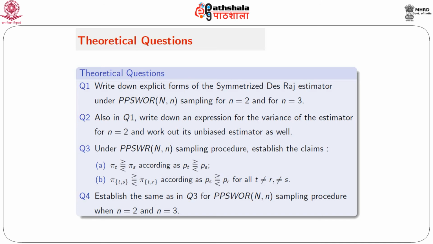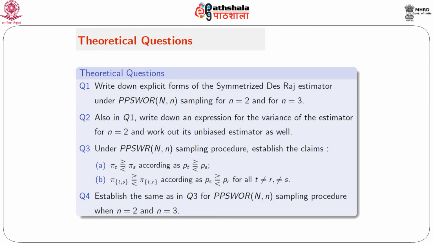Question 4: establish the same as in question 3 for without replacement sampling for sample size n equal to 2 and n equal to 3. Under without replacement sampling, in the text somewhere we talked about expressions for pi i and pi ij for sample size 2. We did not even write expressions for pi i and pi ij for sample size 3.